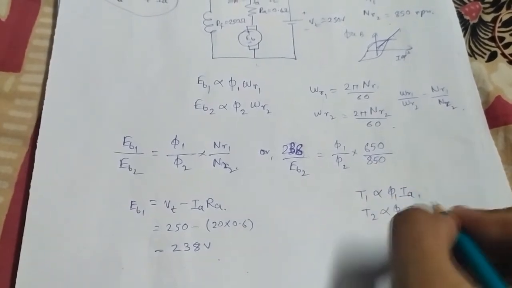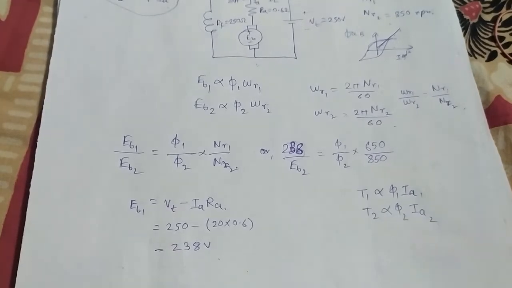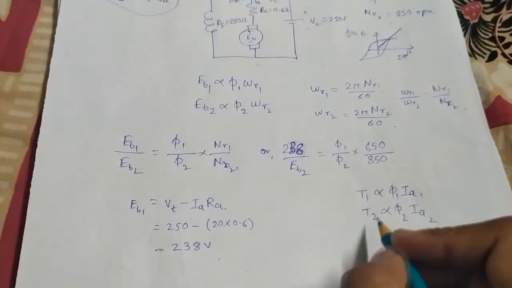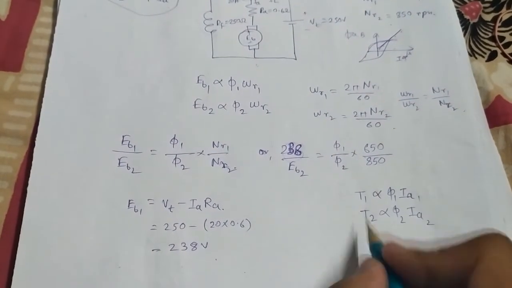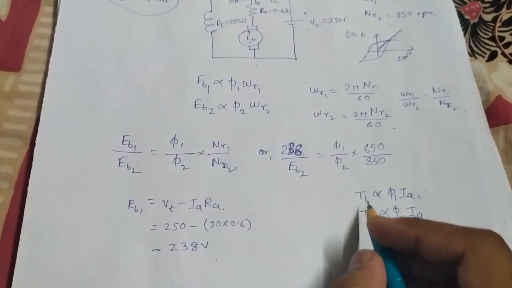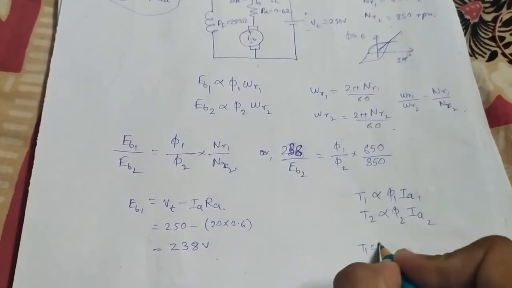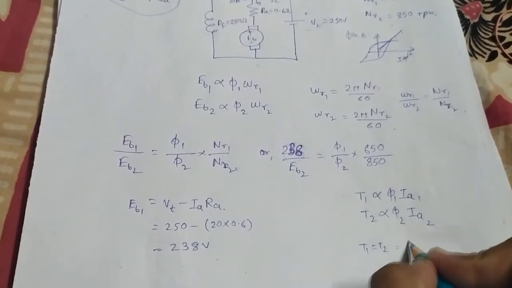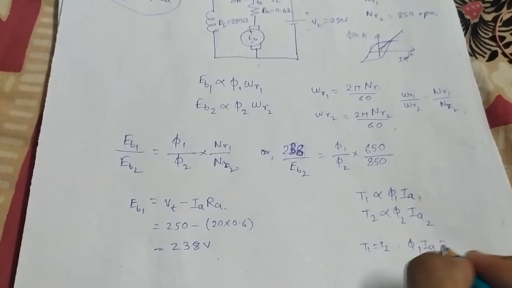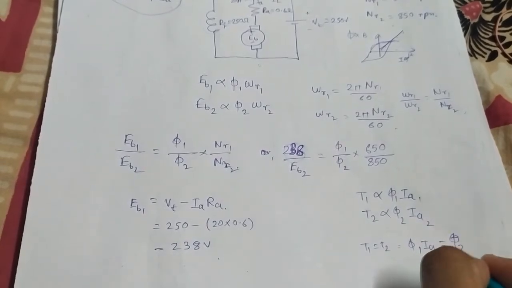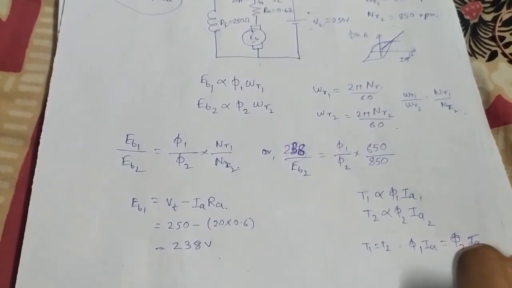So the first one is Ia1, one case, and the second is the 2 case. Now what the question says is that both torques are the same, T1 equals T2. That means phi 1 Ia1 equals phi 2 Ia2, right?